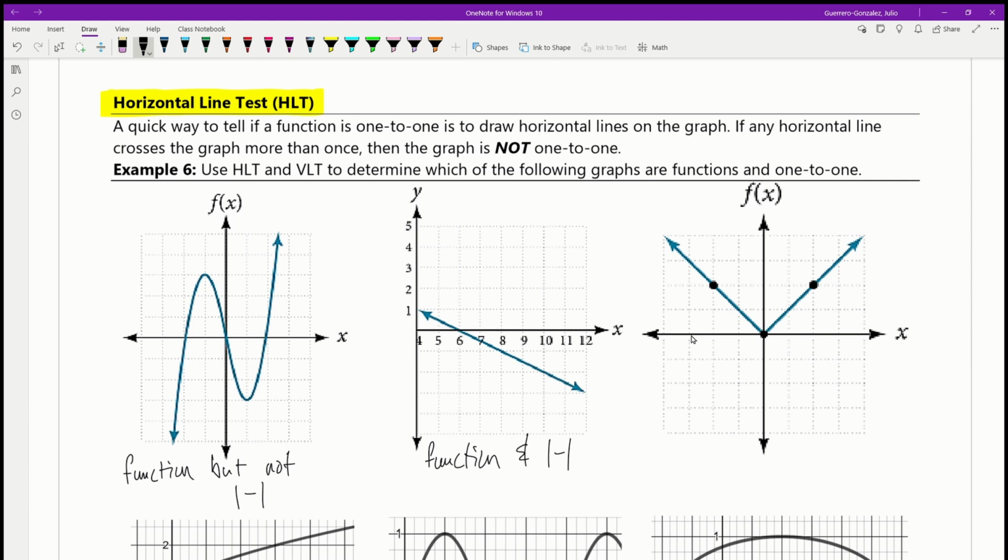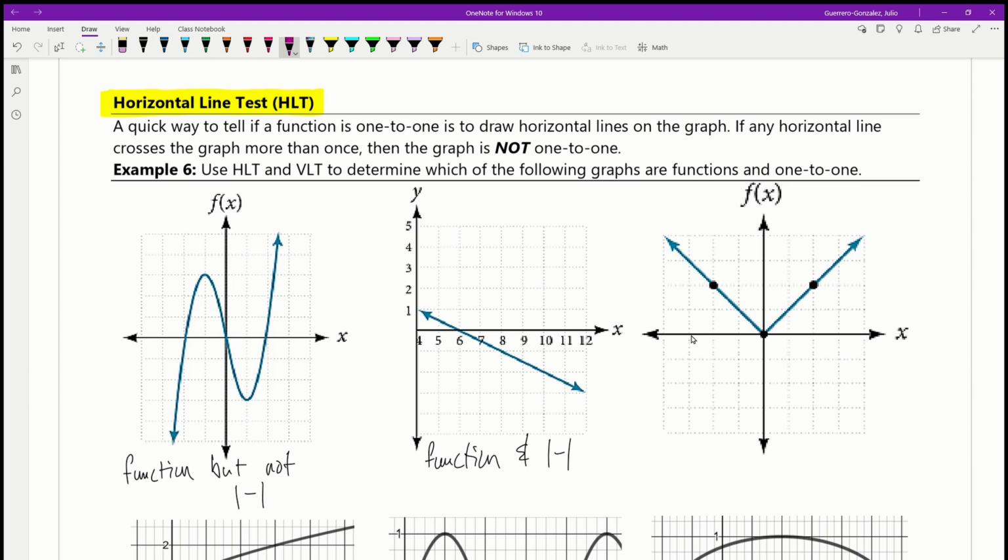We have something that's a function and that is one-to-one. So what we're saying is that the function part says every input has one output, and every output has one input. Exactly one. Got it?